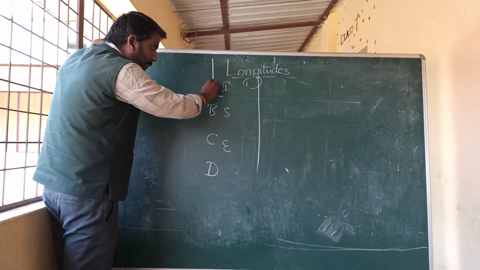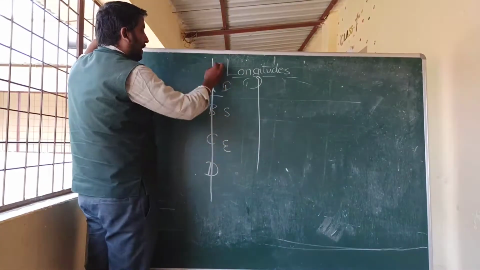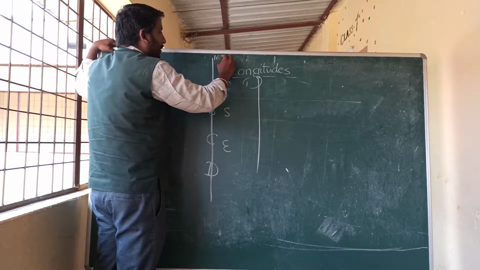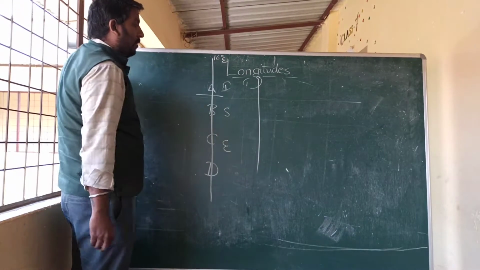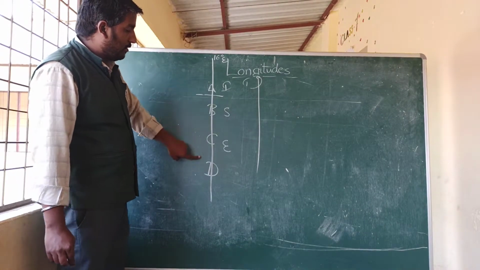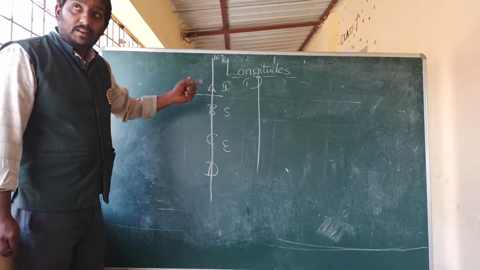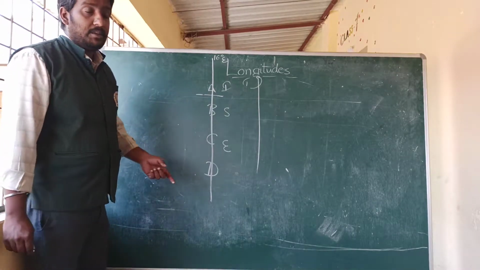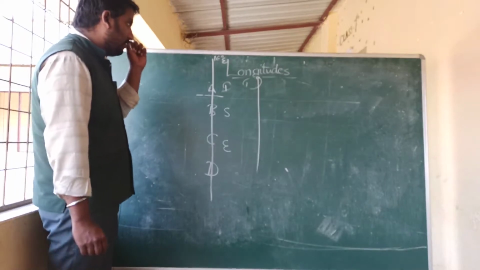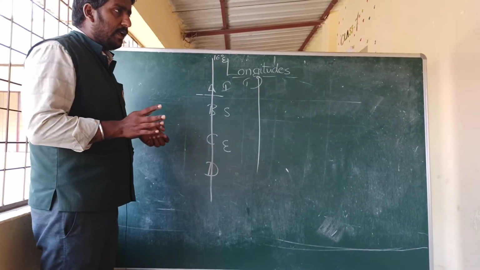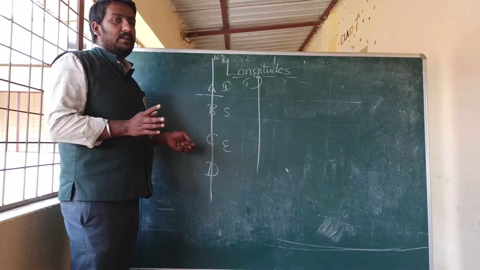If the longitudinal line here is, suppose, 16 degree east, and these lines are passing through the same cities, the midday time of these cities will be the same. That is why longitudinal lines are sometimes referred to as the lines to calculate time.